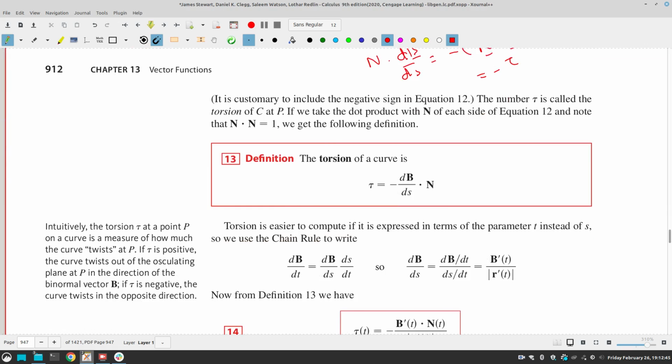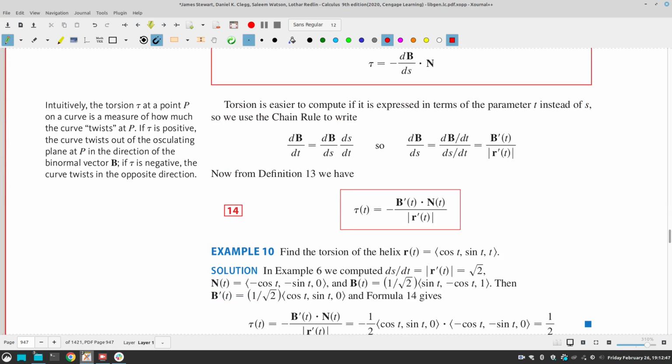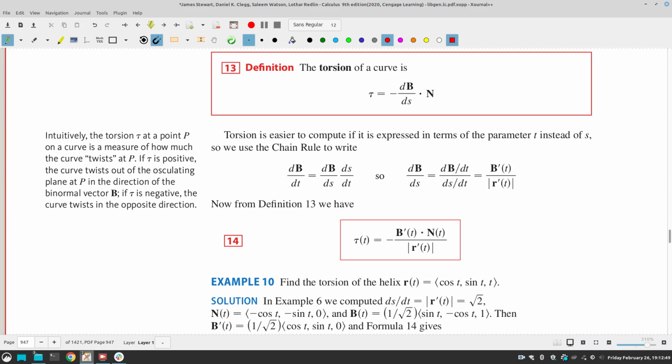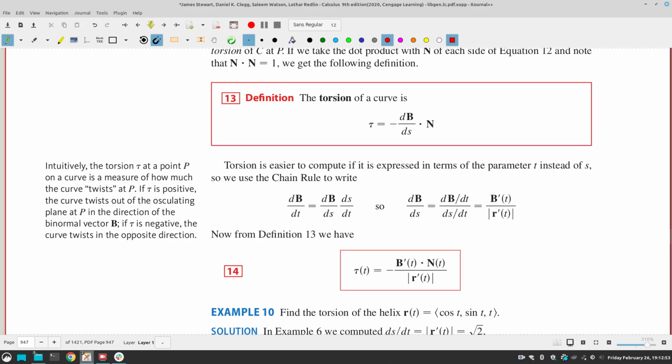So the torsion tells you how much a curve twists. There's bending and there's twisting: twisting out of the osculating plane or into the osculating plane.